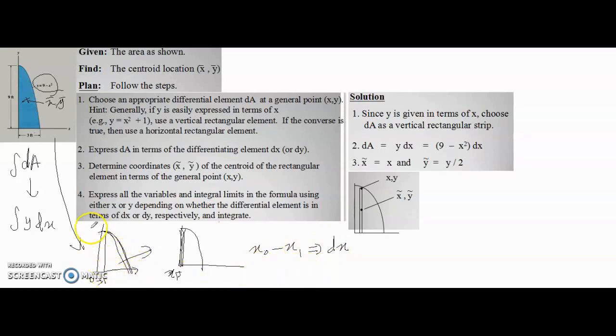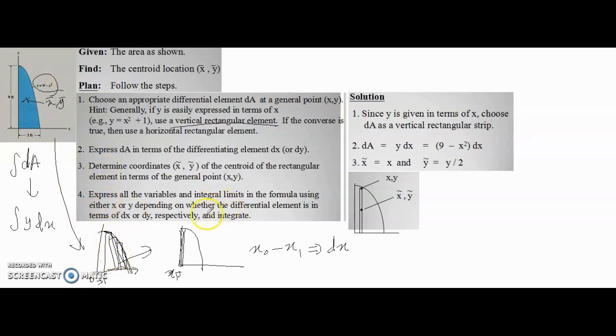This type of integration, we call it a vertical rectangle element, because we are using the vertical rectangle. After the integration, the vertical rectangles will develop until approaching the curve of the shape to get the whole area.